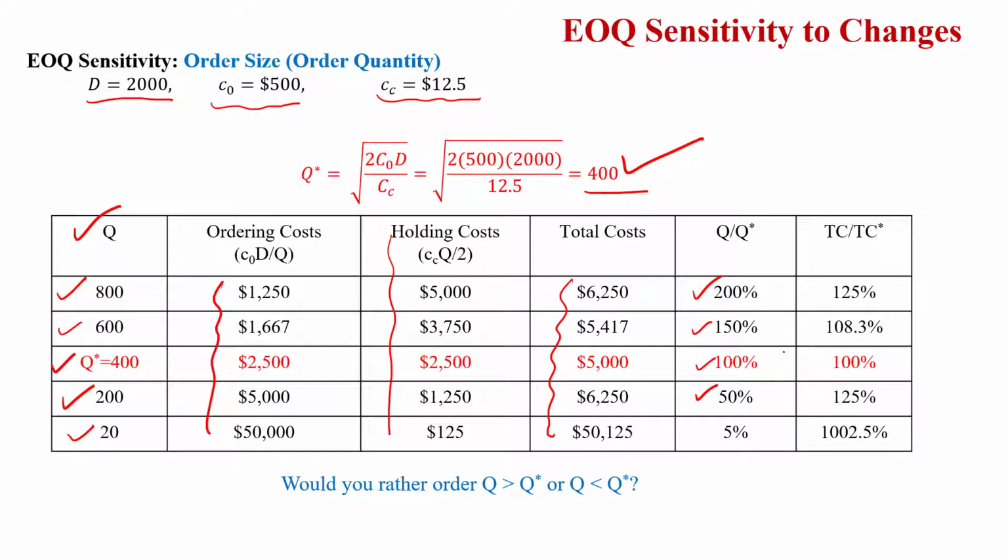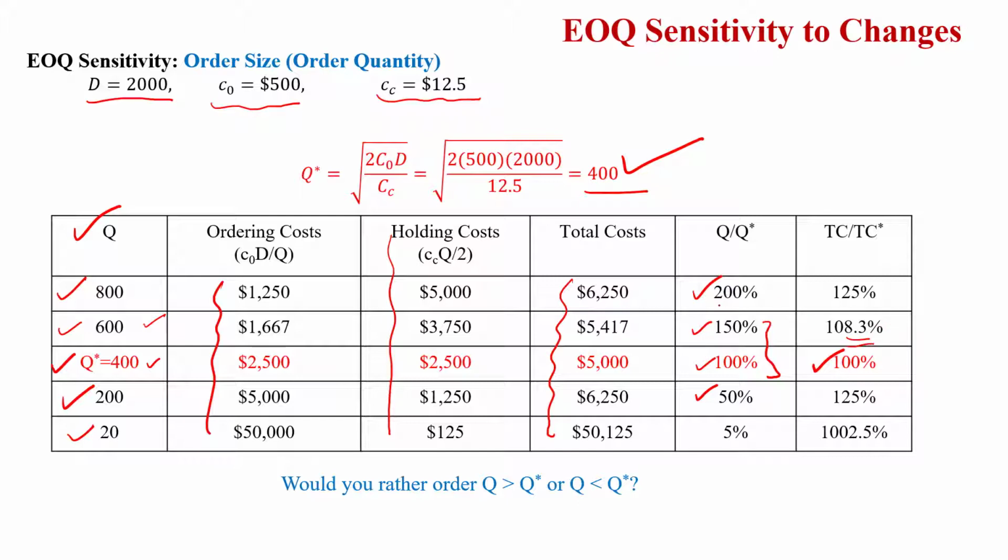Similarly, we calculate the relative total cost. That is 1, or you can say 100%. It is saying that if we order 50% more than the optimum order quantity, instead of ordering 400, the total cost is going to increase by only 8.3%.